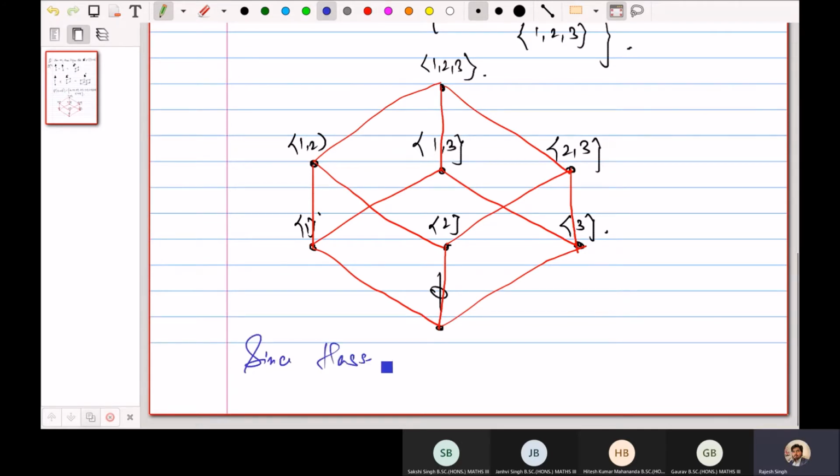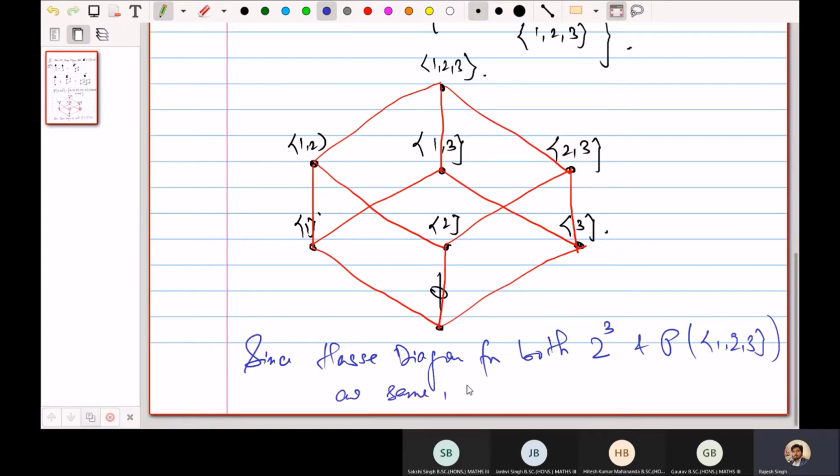Since the Hasse diagram for both 2 cube and P of {1, 2, 3} is the same, hence 2 cube is isomorphic to P of {1, 2, 3}.